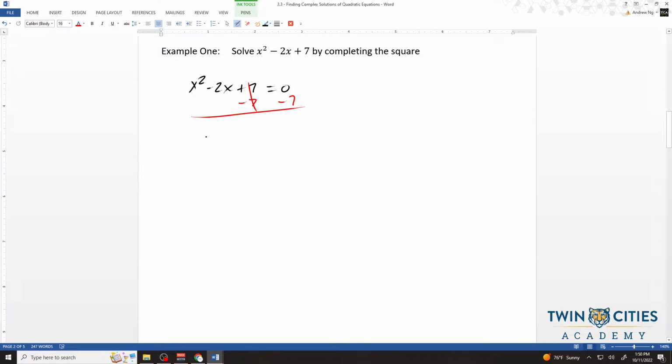And this is going to give me x squared minus 2x over here is equal to -7 on the right side. Okay, now once we're at this point, I'm going to take a look at my x terms. And I'm going to say, okay, this is ax squared plus bx. What I want to do is I want to add b over 2 squared to both sides.